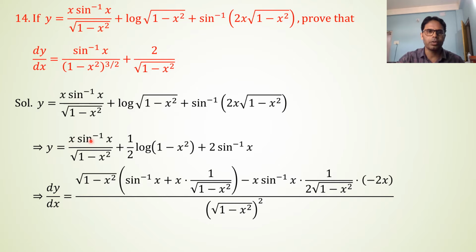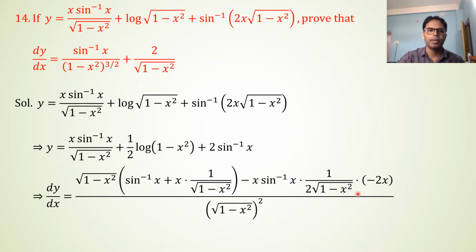So the derivative of x is 1, sine inverse remaining the same, plus x remaining the same, and the derivative of the sine inverse function is 1 by root over 1 minus x square, minus this x sine inverse x, which is the numerator, into the derivative of the denominator, that is the root function. It is 1 by 2 root over 1 minus x square into, for this 1 minus x square, the derivative is minus 2x only.